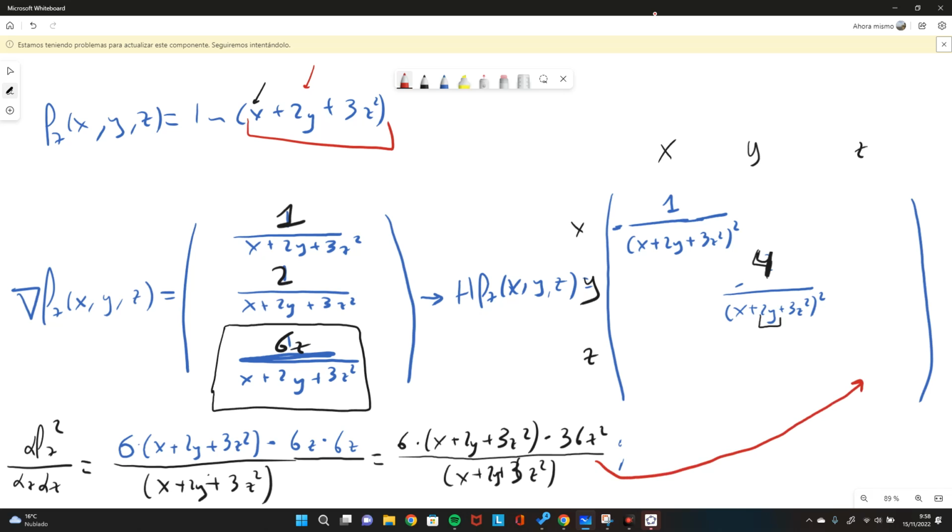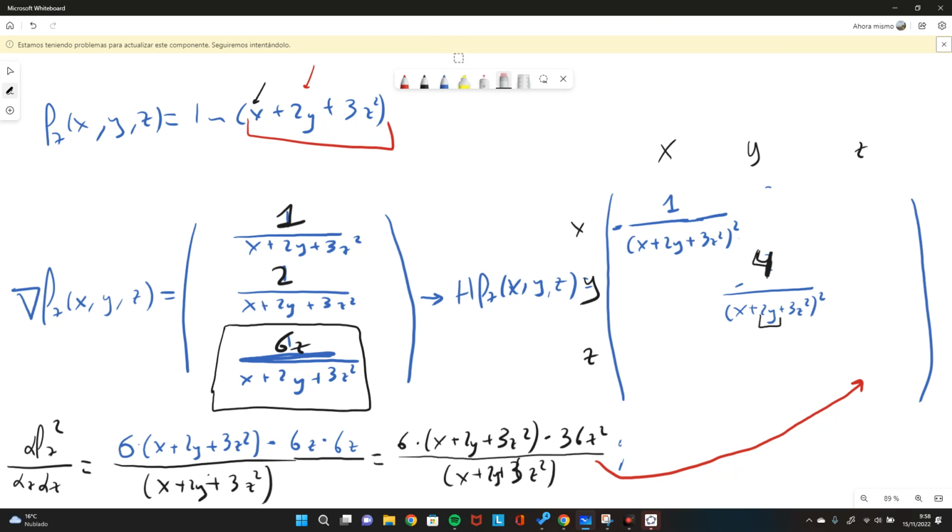For the rest of the cases, we have pretty much what we did in the first two cases, but multiplying by the derivative with respect to whatever variable we have. So when we take the x part and apply the derivative with respect to y, we bring out the 2. So this is minus 2 divided by whatever was in the denominator squared. I'm going to write it out there.